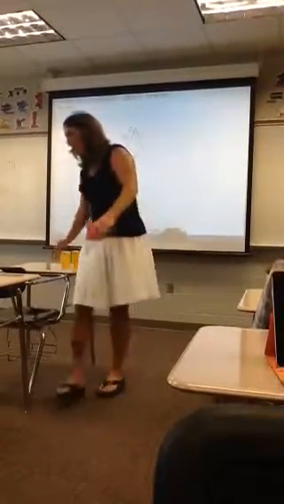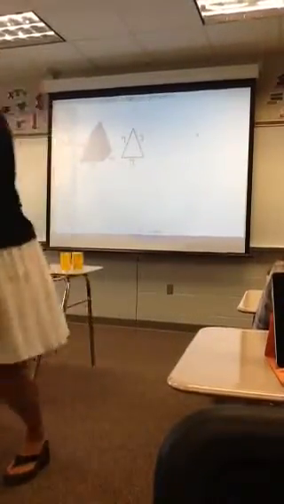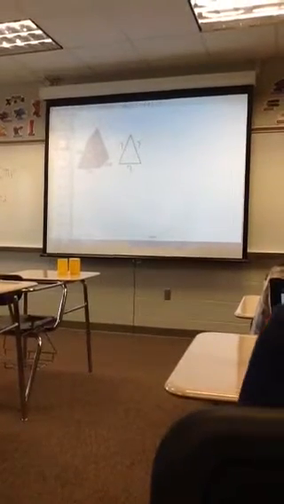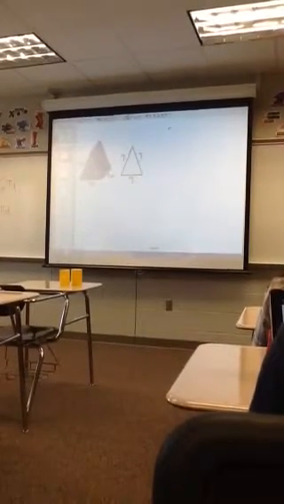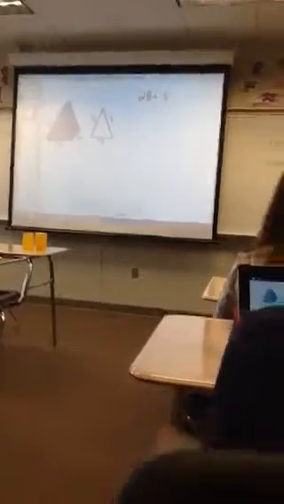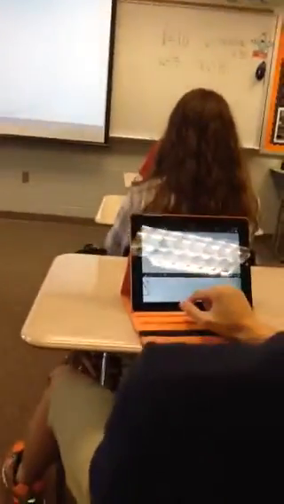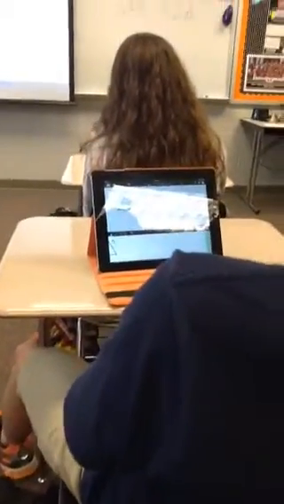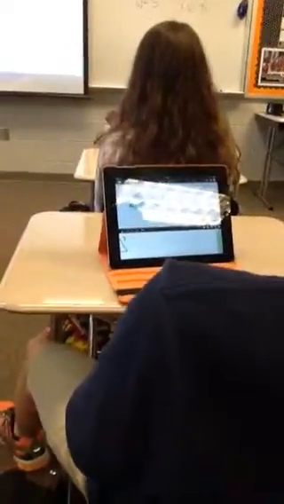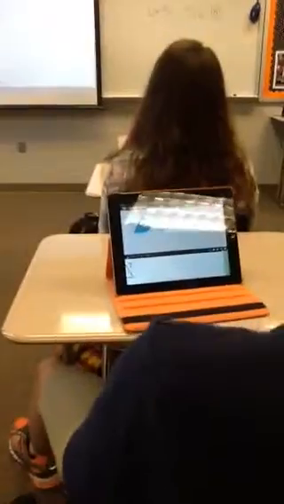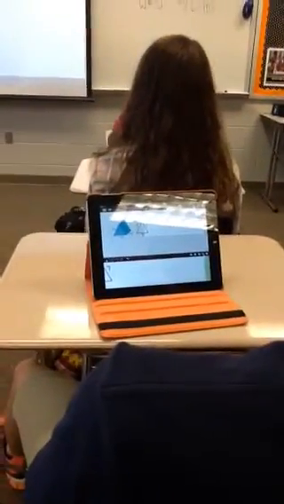Okay, so what kind of triangle? Equilateral. Okay, so it's an equilateral triangle. We're going to use our same formula. But the base is different on this particular problem, so the way we find the area of it will be different. What's the easiest way to find the area of an equilateral triangle?